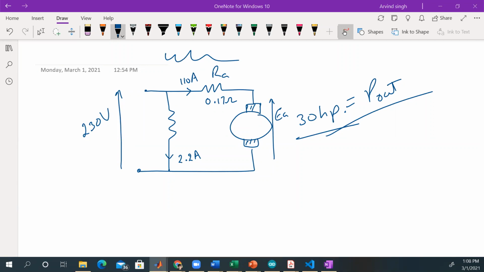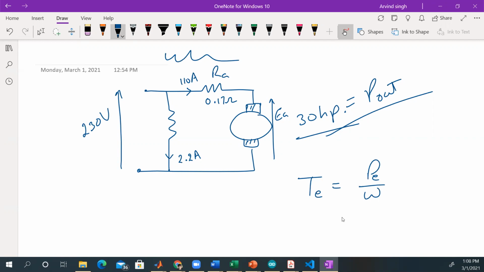So the first thing we require to find is the electromagnetic torque, that is TE is equal to PE on omega. So this is what we know as the equation for the torque.